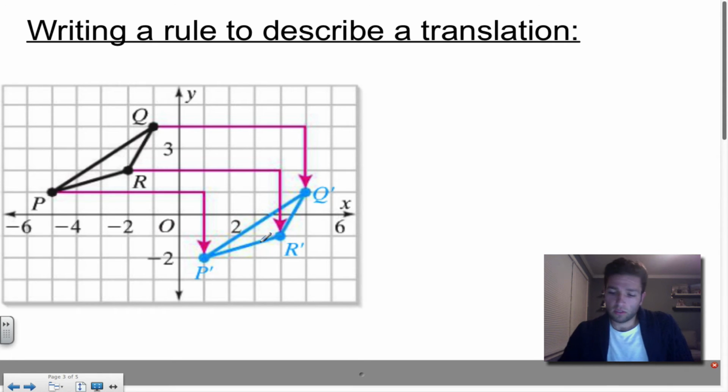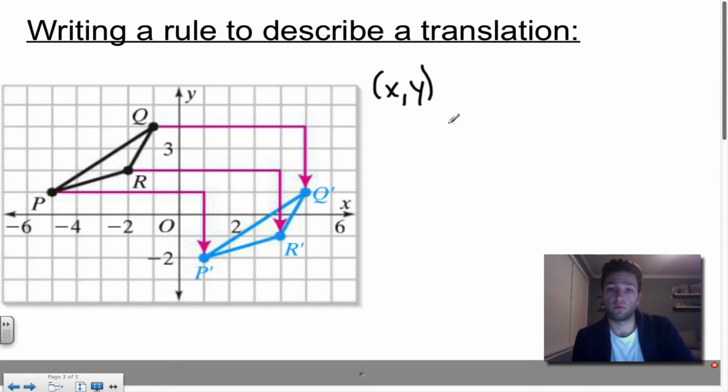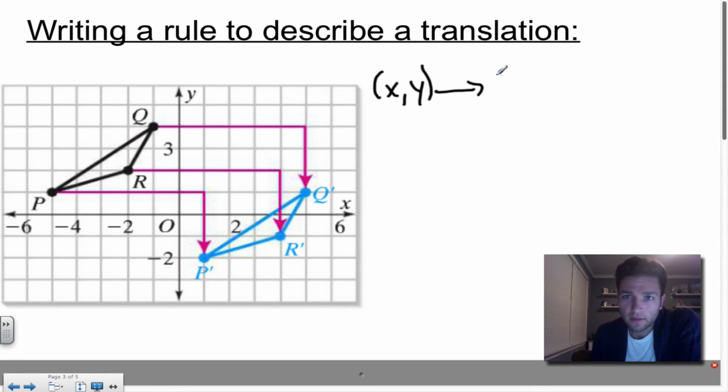A rule is described with arrow notation, and you always start with just a regular old x and a regular old y, followed by an arrow, and then you look at what happened in terms of the x-axis. So what happened? Did we move left or did we move right?